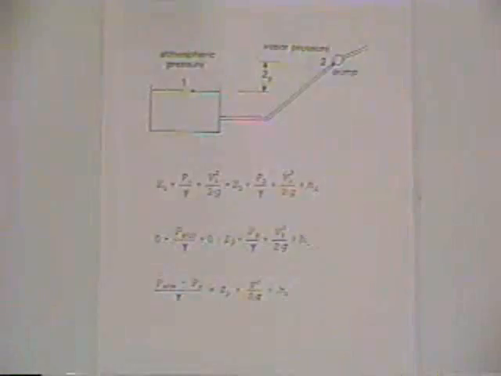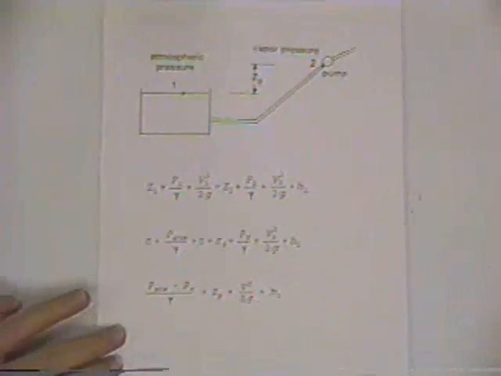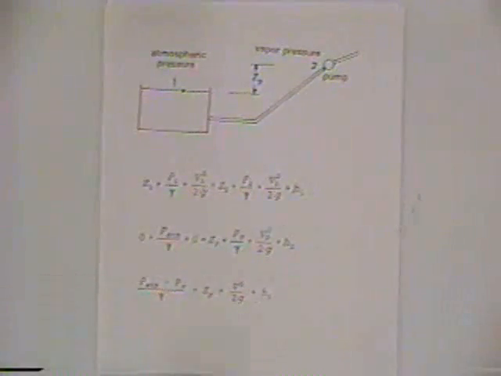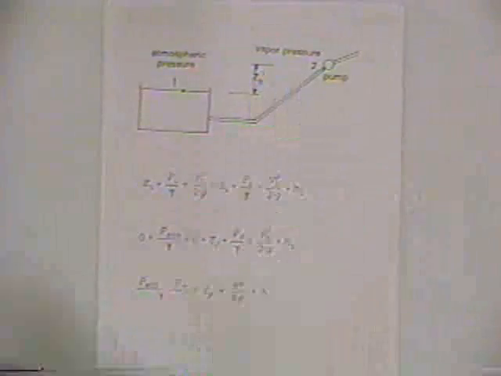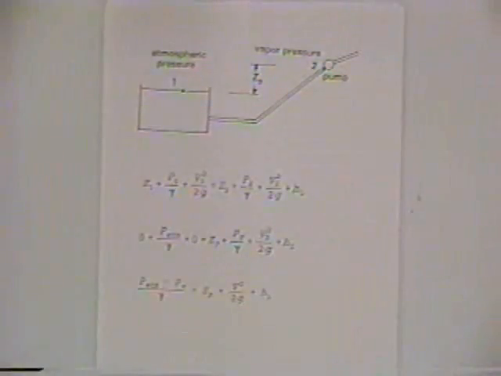Now, let's work this problem all over again. We did it that time with numbers, but this is a classic problem of fluid mechanics that gets worked a lot, and it's basically in this format. The pump is some distance above the water surface, the Z sub P, and in another problem you might actually be solving for the Z sub P, given that you know the Q. If you look at the energy equation, it's going to look like this, and you're going to be plugging in the atmospheric pressure.